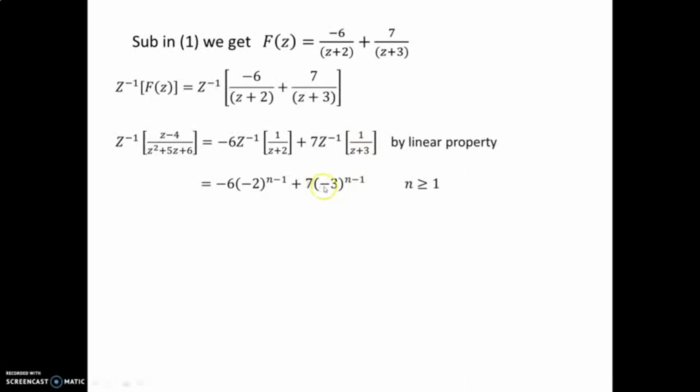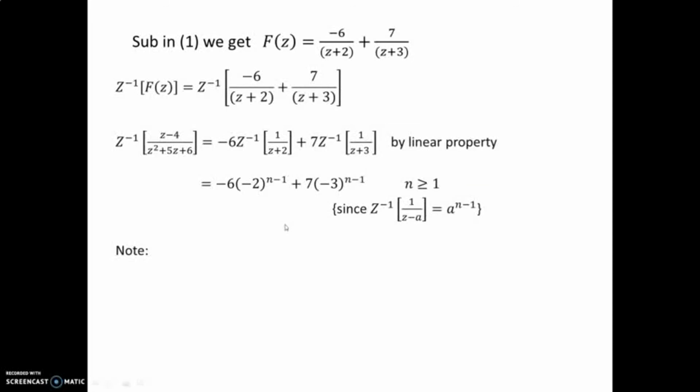Here a is minus 3. We get 7 into (minus 3) the whole power n minus 1, provided n is greater than or equal to 1. Therefore, z inverse of the given function f of z gives one sequence: minus 6 into (minus 2) the whole power n minus 1 plus 7 into (minus 3) the whole power n minus 1, n is greater than or equal to 1.